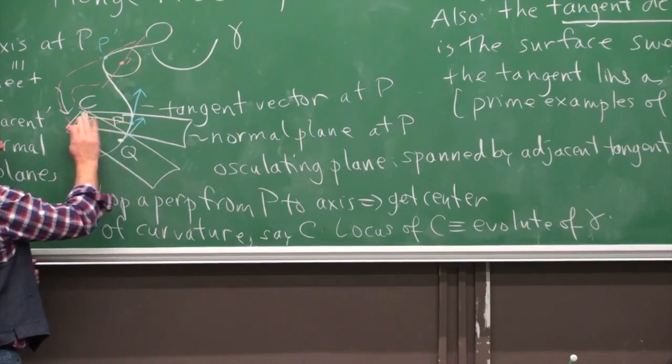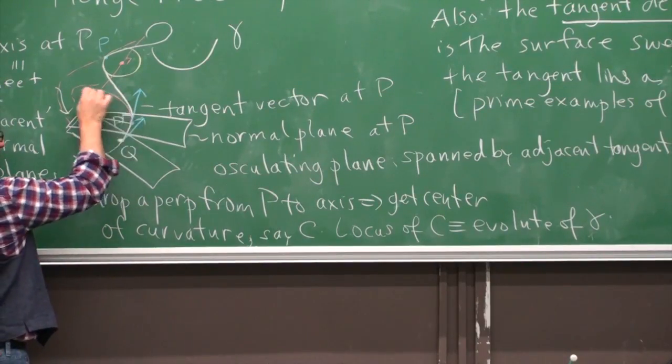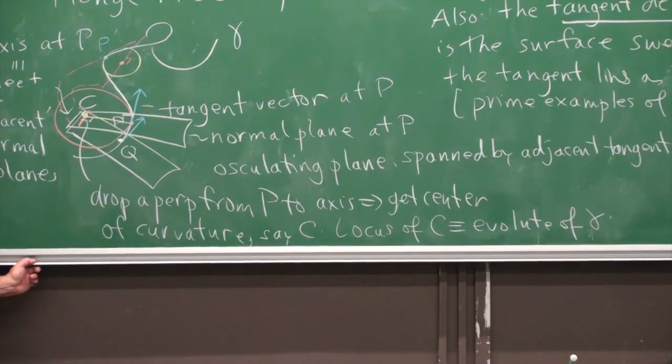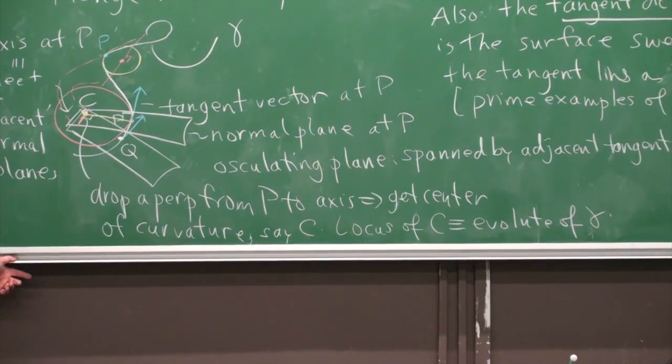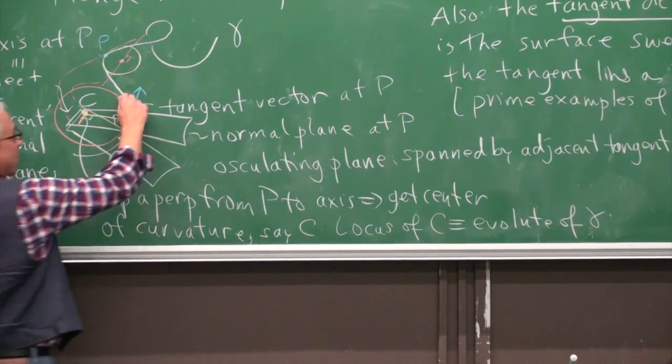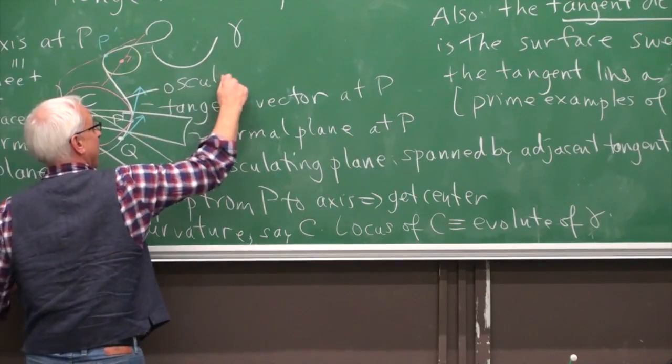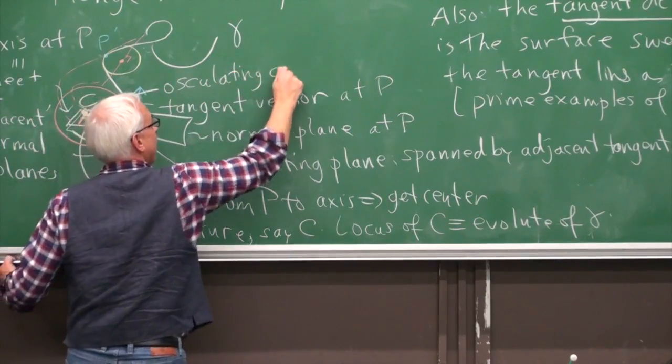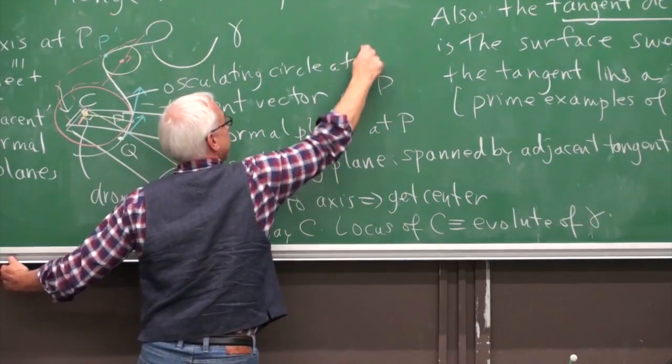So if we draw a circle in this plane that we were talking about, then we get the osculating circle at P.